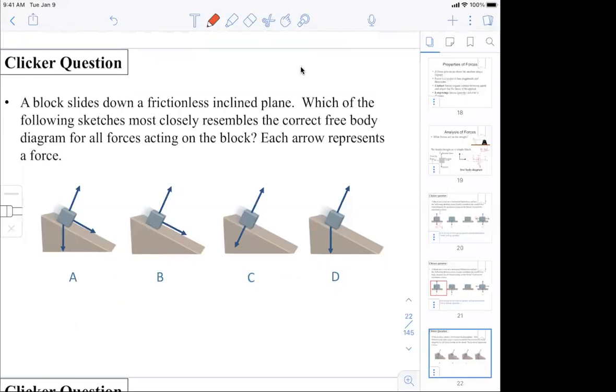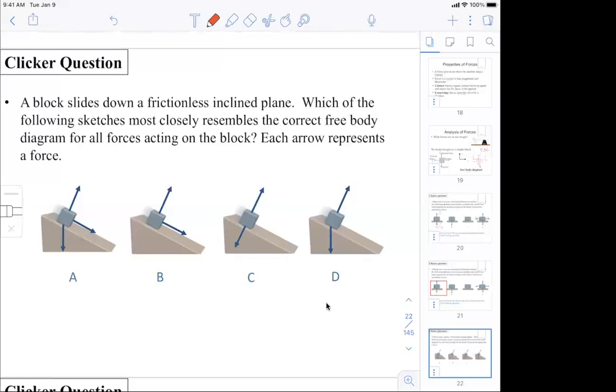Okay, let's go for another 15 seconds to finish voting. Okay, all right.